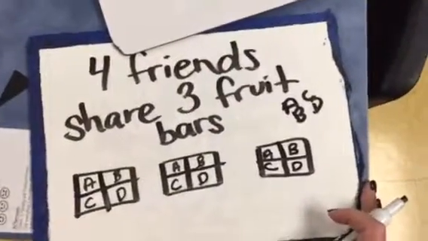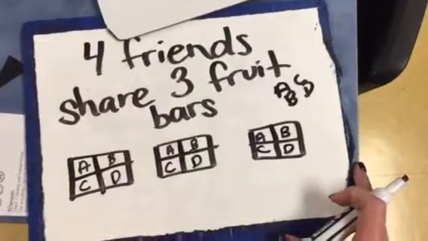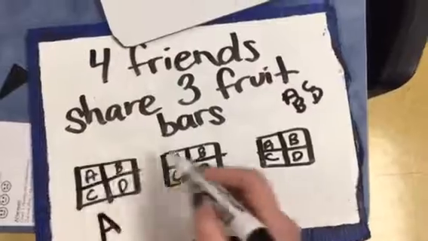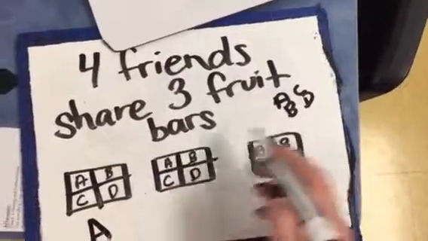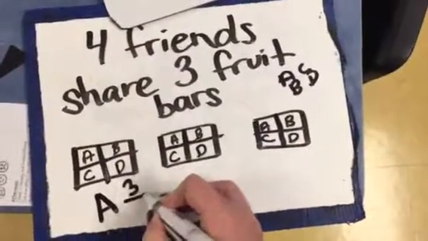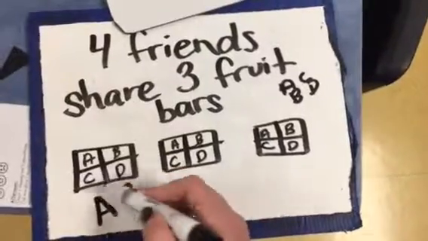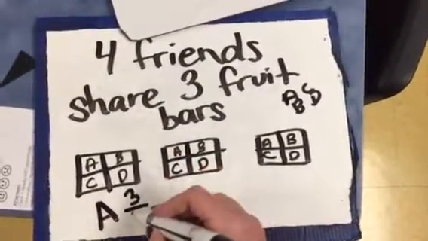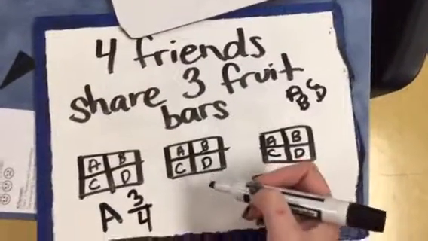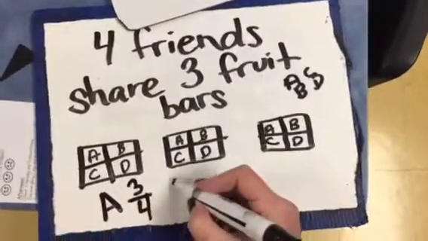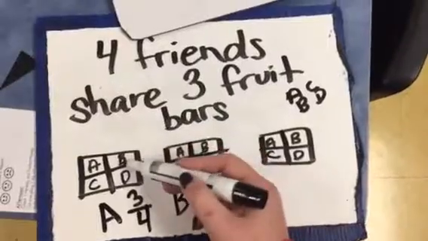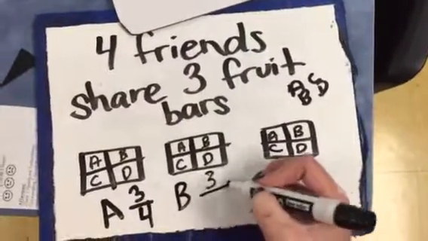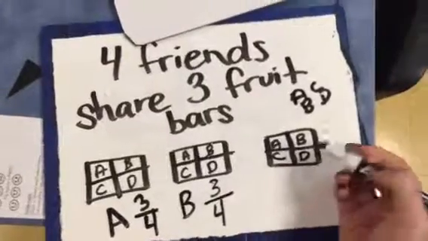All right, so let's see if everyone got the same amount. How much did person A get? 1, 2, 3 pieces. But what's my denominator? How many pieces are in one of my wholes? 1, 2, 3, 4. 4 pieces are in a whole. So person A got 3/4. Person B got 3 pieces, and there are 4 in a whole, so 3/4 also. C got 3/4.